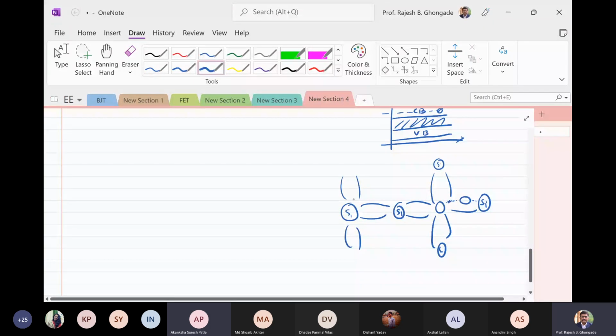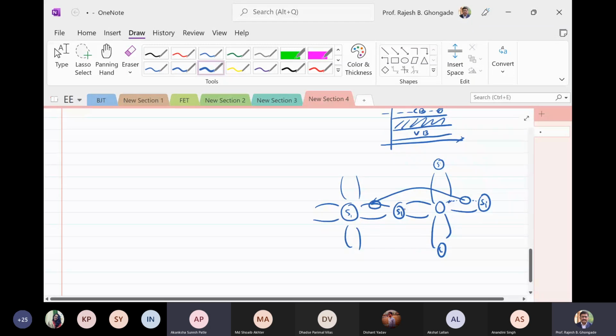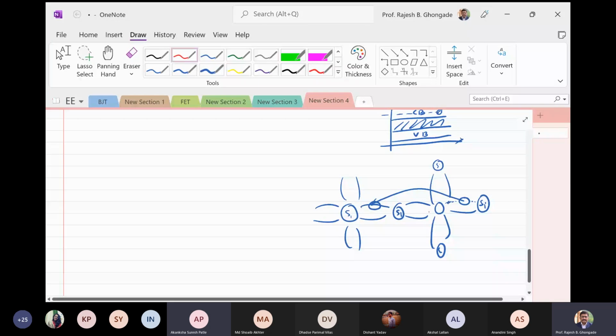No. What it can do is this particular hole will leave its place and sit here. In simple plain words, the electron at this location is brought here. So actually, what is moving is electron only.